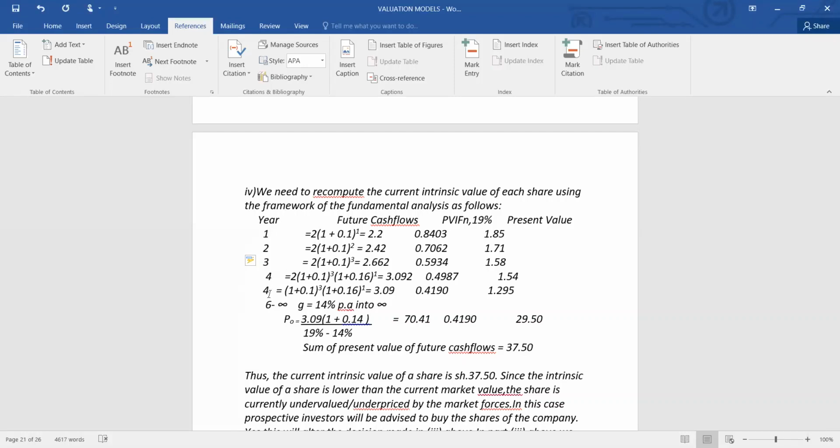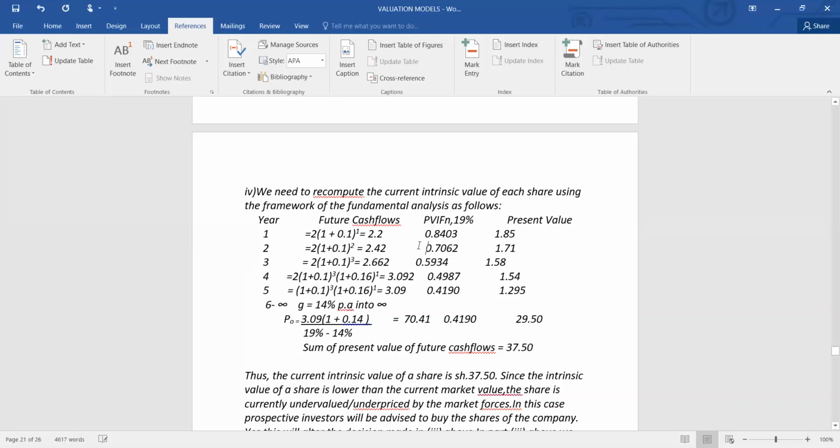And this should be year 5. And therefore, this should be year 6 up to infinity. There was an error there, which I have corrected. You can see there was a small issue with my alignment there. So we need to find the future values.